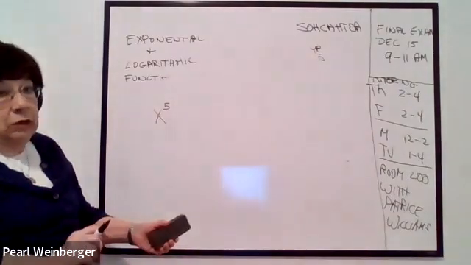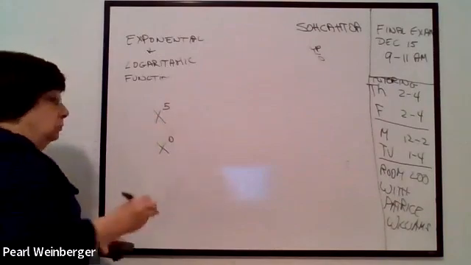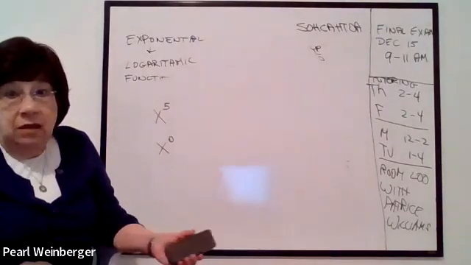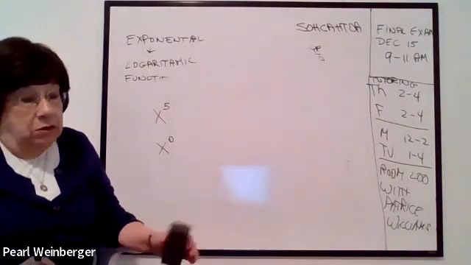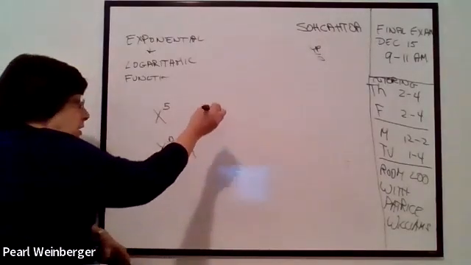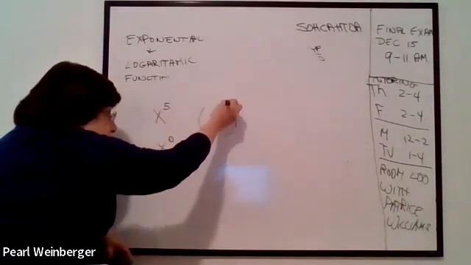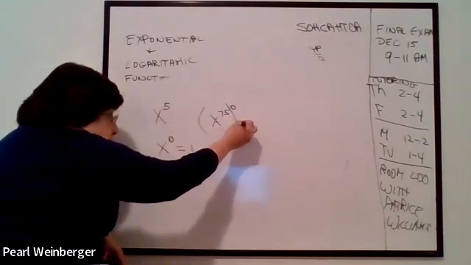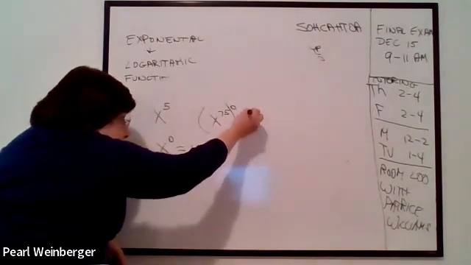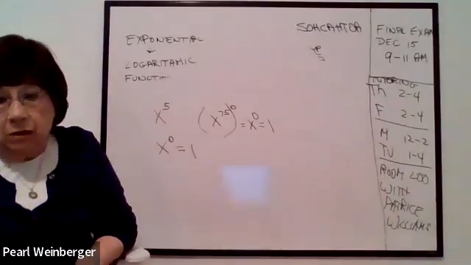But it's also possible to have an exponent of 0. And anything with the exponent of 0, doesn't matter what the base is, is always 1. So if I give you x to the 75th power raised to the 0 power, of course, when you multiply the 75 times the 0 it is x to the 0, that's for sure going to be 1. So anything to the 0 power is equal to 1.